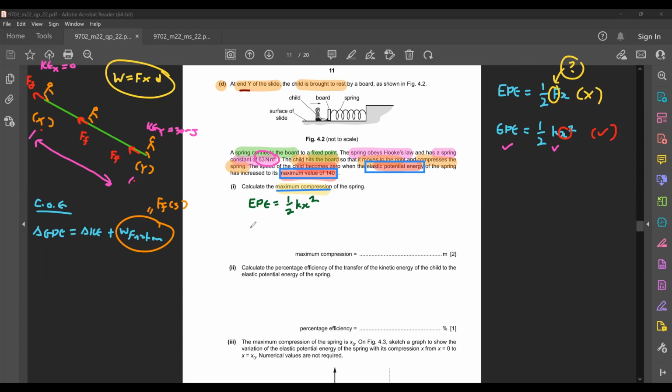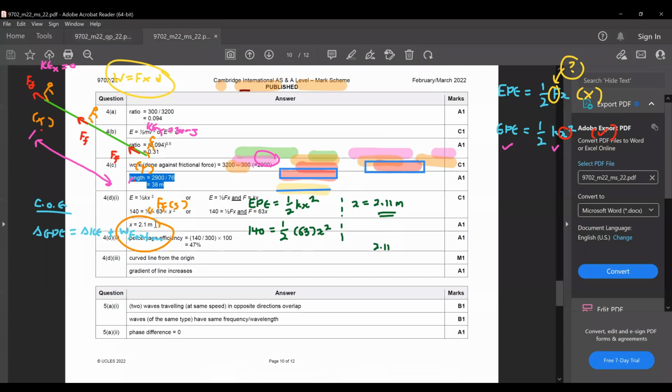You will get a maximum value of 140 joules equals to half times 63 times x squared, eventually giving you an answer of the square root of 140 times 2 divided by 63. You get your answer as 2.11 meter. So let's just check whether our answer is correct. Yes, it will give you 2.1 meter at 2SF.